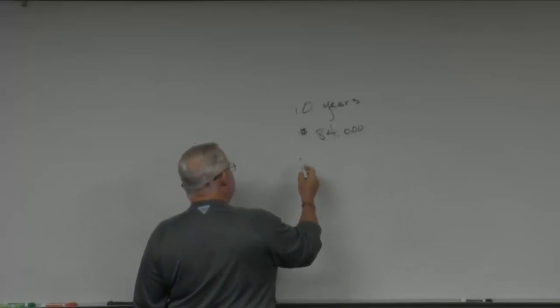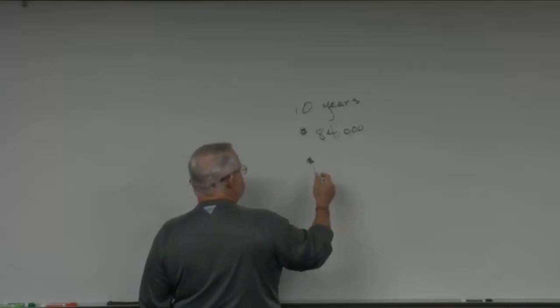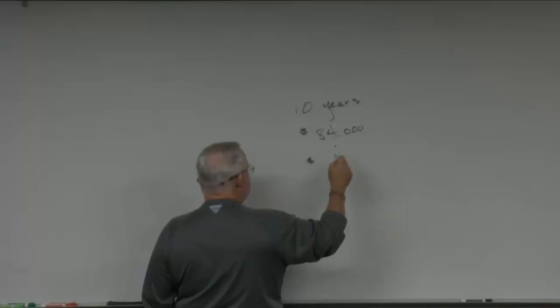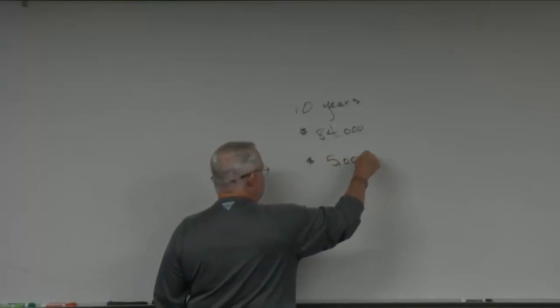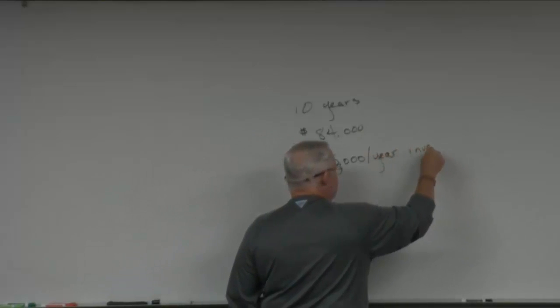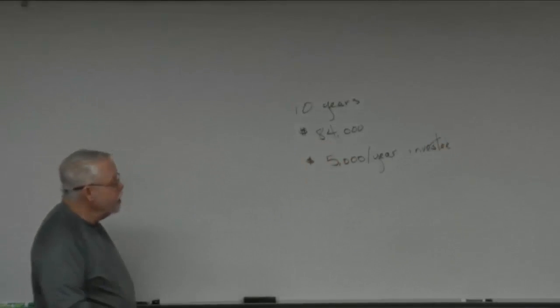I'm going to make up a stupid number, I always do. I can afford to invest $5,000 a year. What interest rate do I need to earn in order to achieve my goal of $84,000?